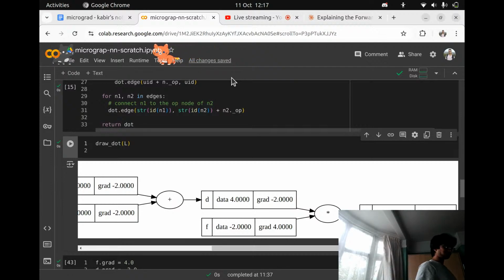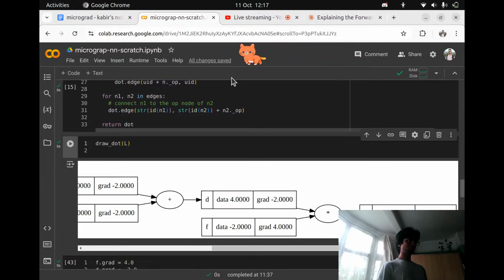So I call this the local derivative because we have the final output value all the way at the end of this graph.